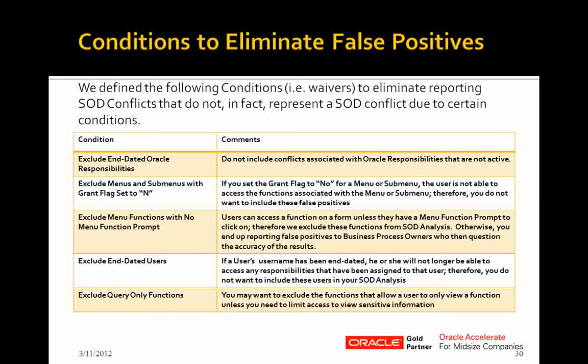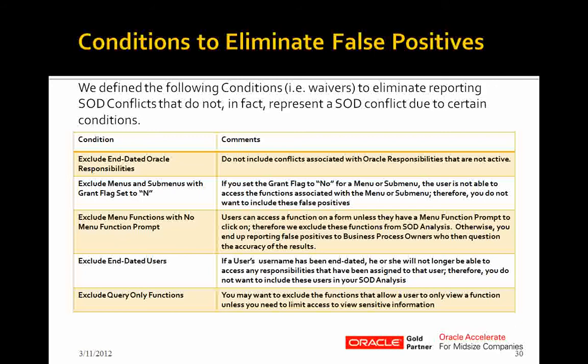All right. And we also want to exclude the menu functions that appear in the menus assigned to a responsibility for that user that have no function prompt. For example, users cannot access a function on a form unless they have a menu function prompt to click on.